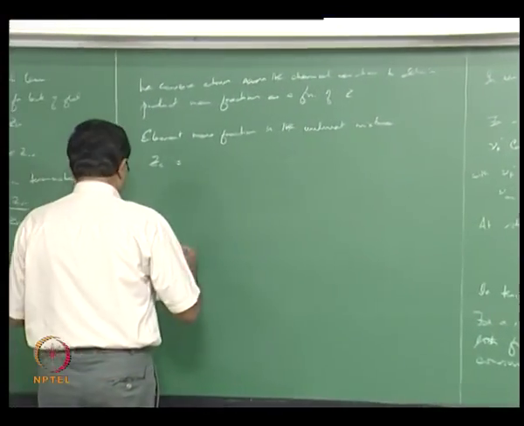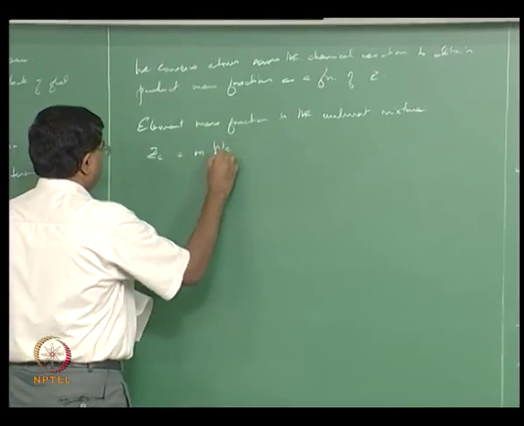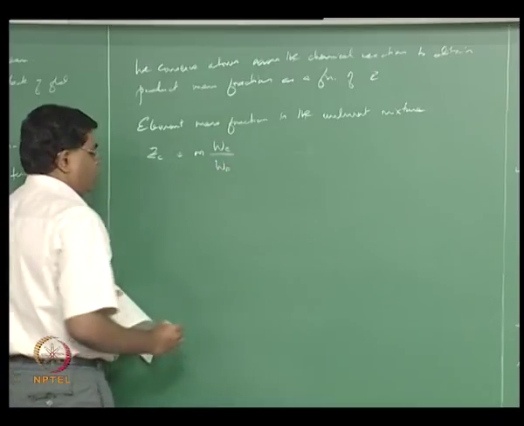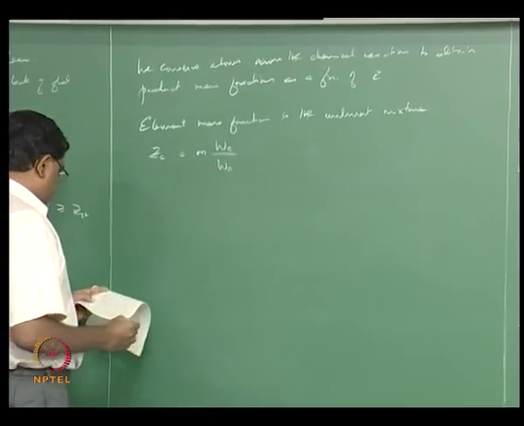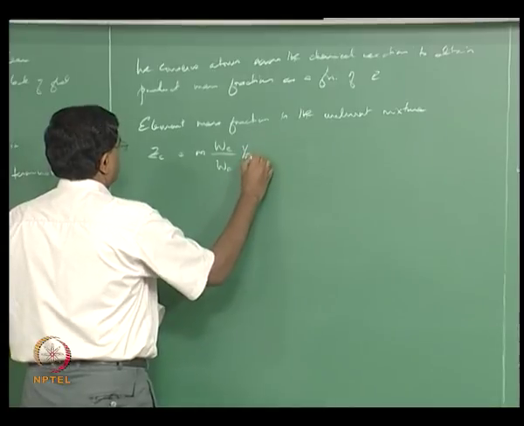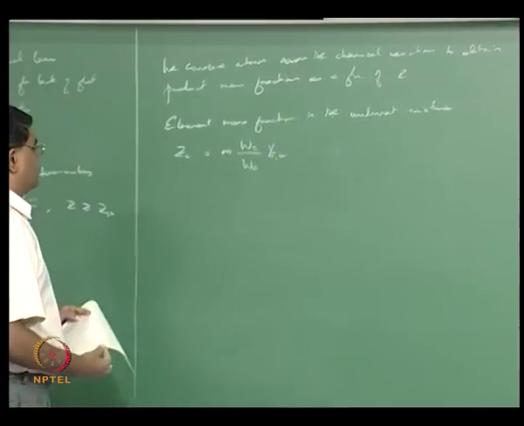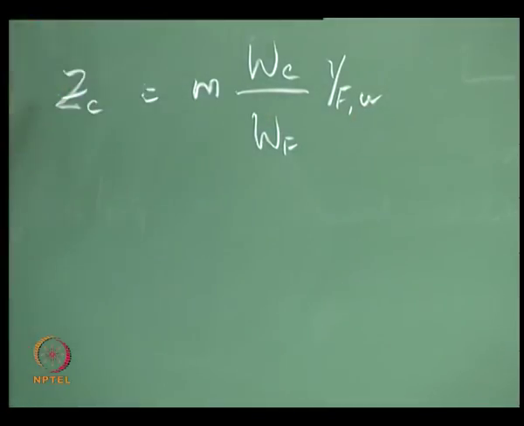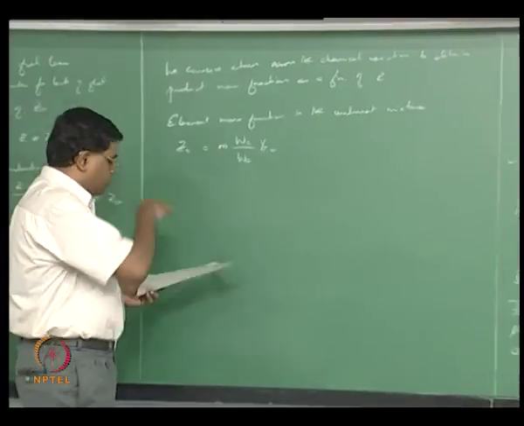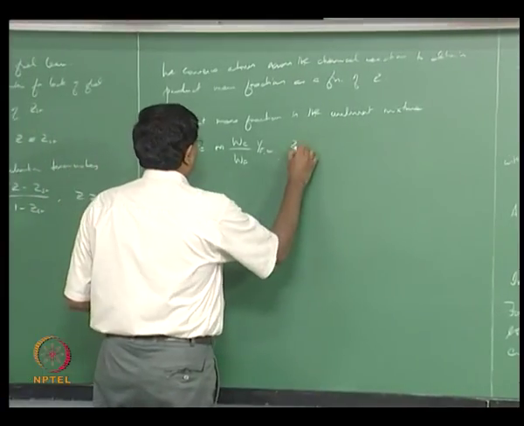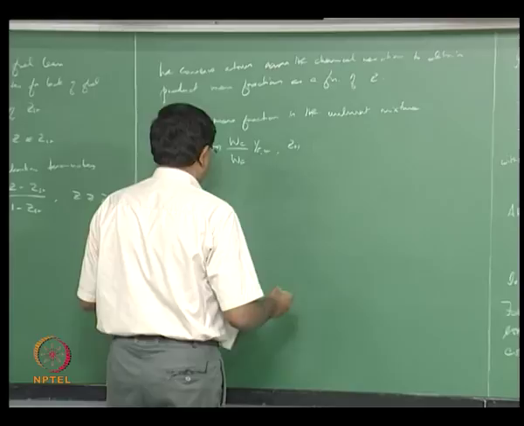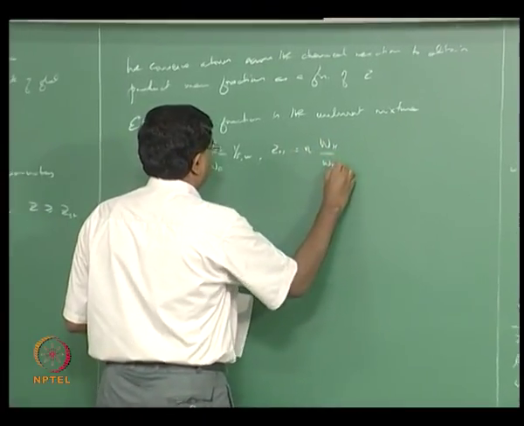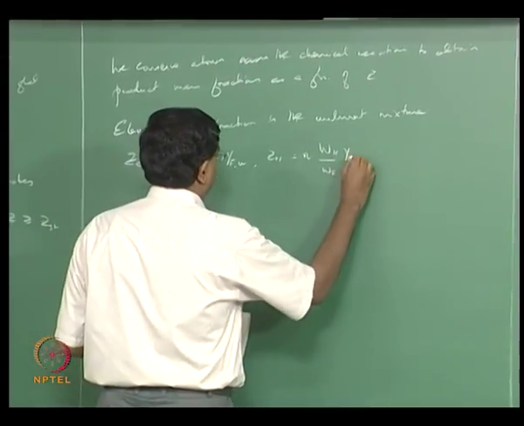So this is m times molecular weight of carbon atom divided by the molecular weight of the fuel, right, times YF comma U. So this is the mass fraction of the unburned fuel times this fraction is what's going to give you the carbon fraction. Similarly, if you now look at ZH, that's going to be n times WH divided by W fuel times YFU.